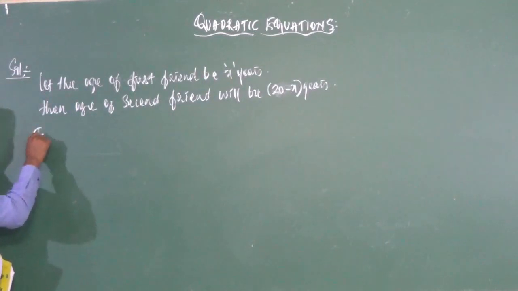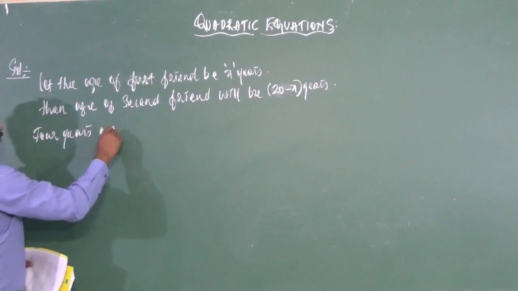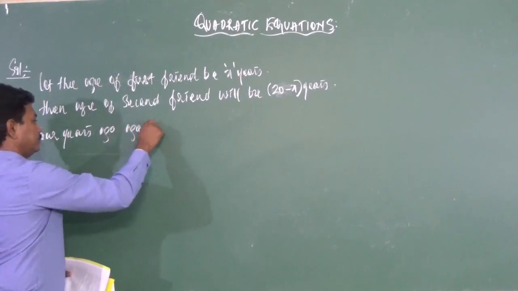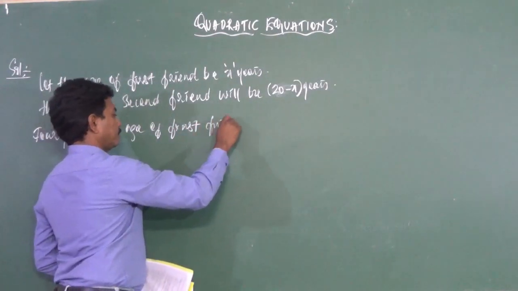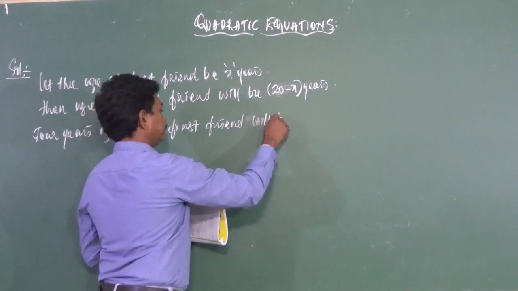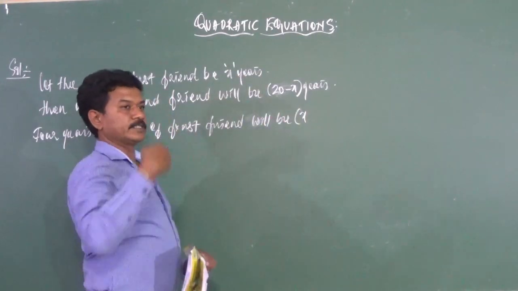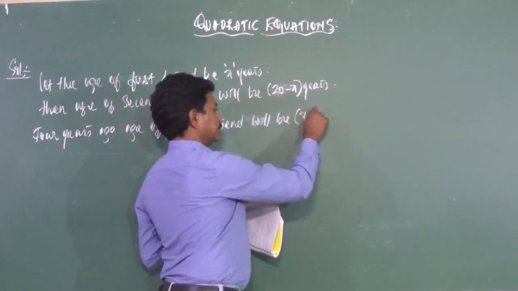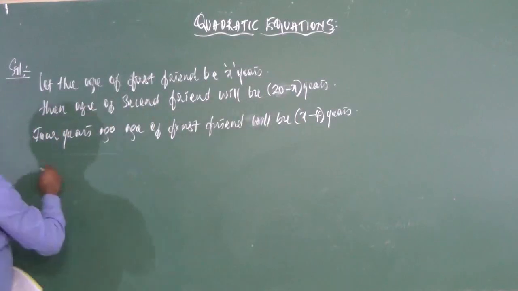So 4 years ago, age of first friend will be, now his age is x years, 4 years ago it was x minus 4 years. Okay.